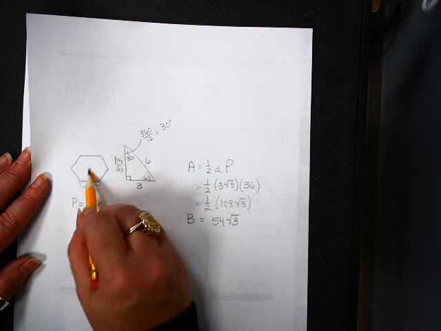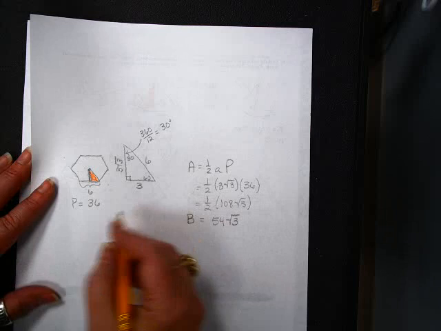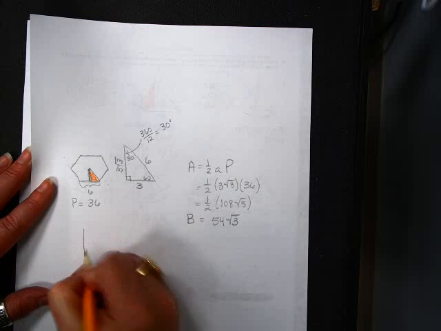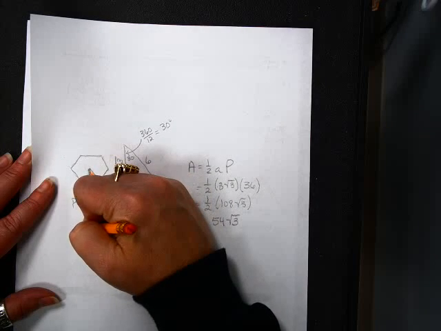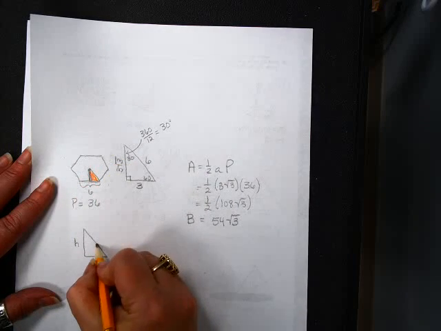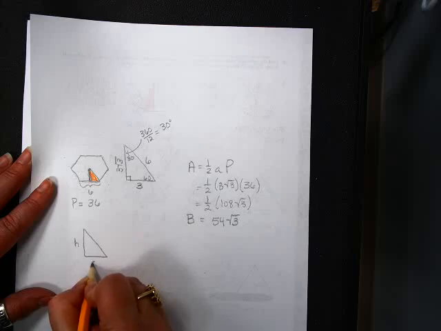What is this? The apothem. Okay, so this is the height of the pyramid. That's the slant height. And this is the apothem.